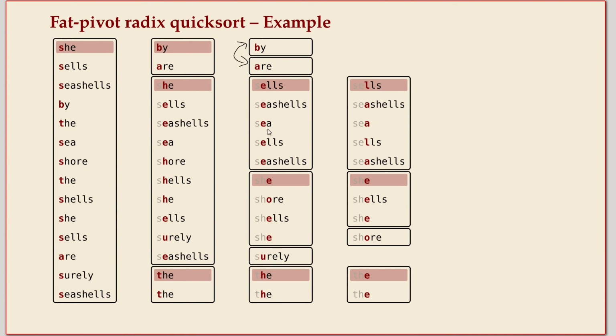And here, in the next round, actually nothing happens. We see it's all E's, so this whole thing is the fat pivot partition again. It sounds like we didn't make any progress from here to there, but we did, because now the E is grayed out. So we never compare these first and second characters.